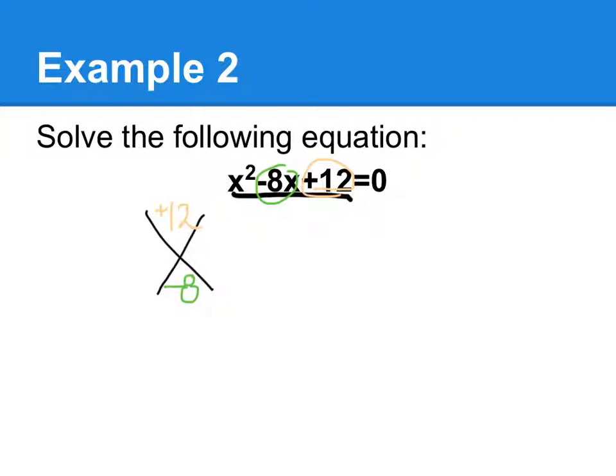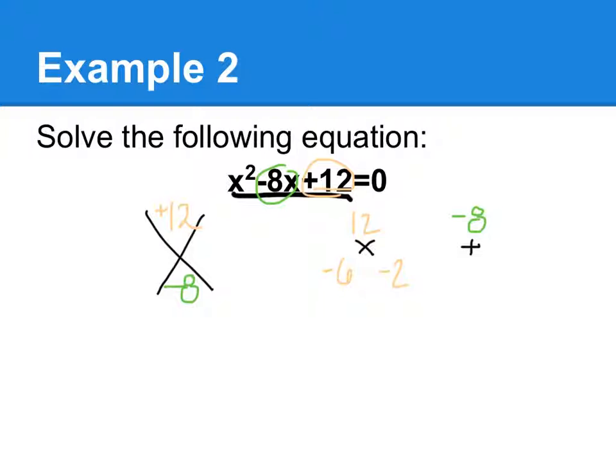Again, we want two numbers that when you multiply, you get 12, but when you add them, you get negative 8. This one's going to be a little trickier. We're probably going to need two negative numbers. What goes into 12? I know 6 and 2 go into 12, but also negative 6 and negative 2.